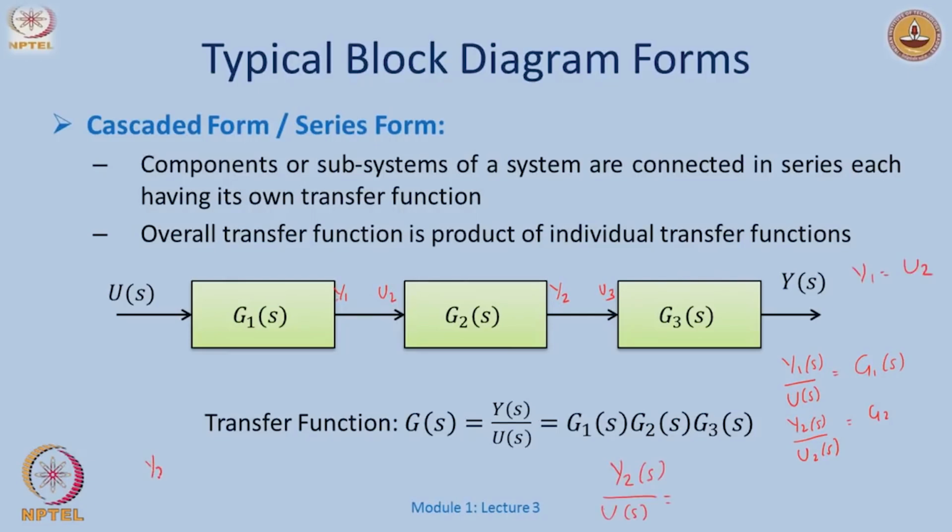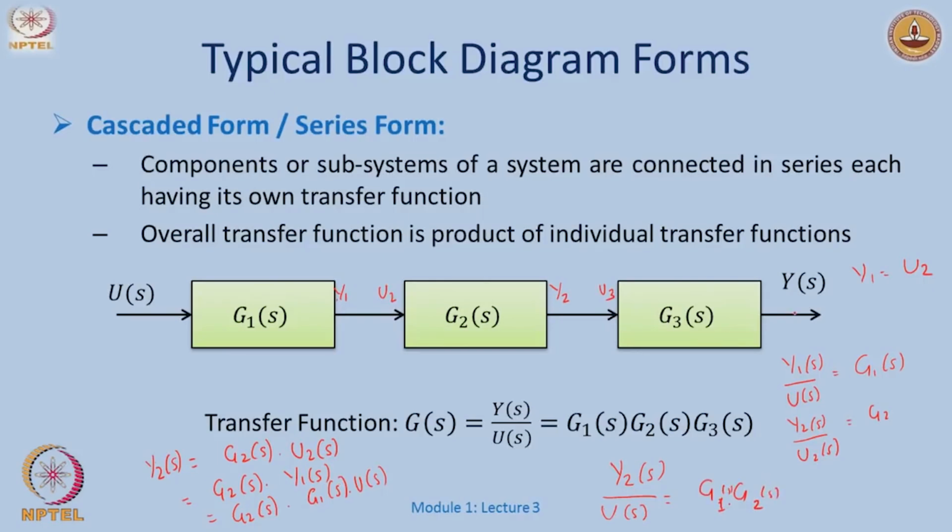So, Y2(s) is G2(s) times U2(s). Now, what I know is this is G2(s) times Y1(s). Now, what is this Y1(s)? Y1(s) is G1(s) times U(s). Therefore, if I compute Y2 over U(s), that will simply be G1 times G2, again of s.